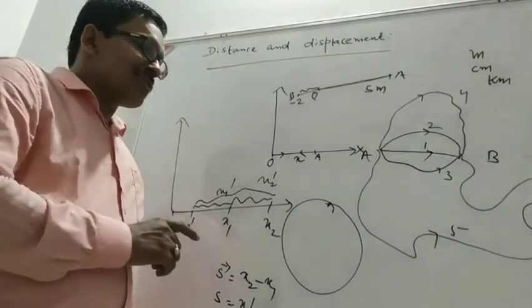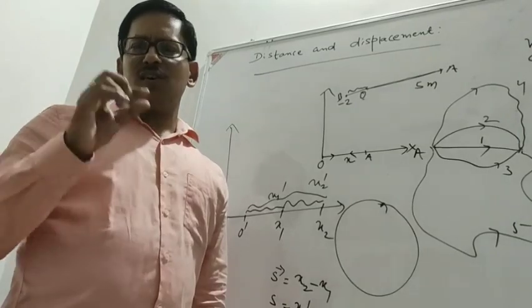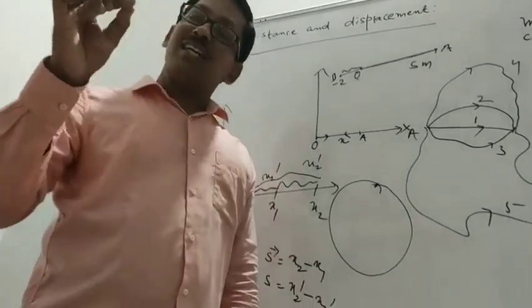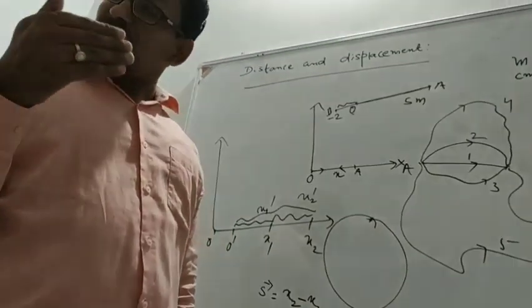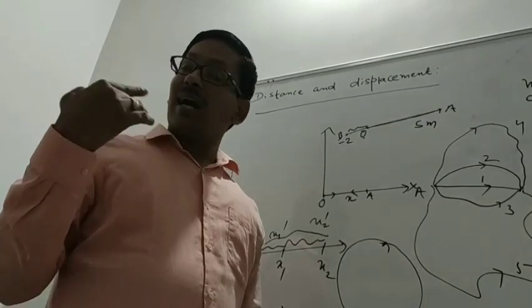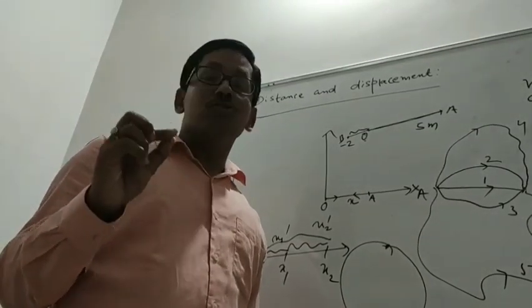And one more point, displacement is a vector quantity, so it has both magnitude and direction. I am talking about the magnitude. The magnitude of displacement is either smaller or equal to the magnitude of distance covered.